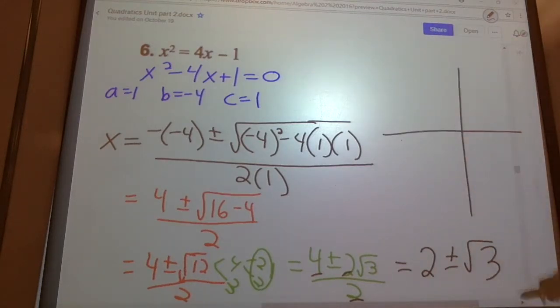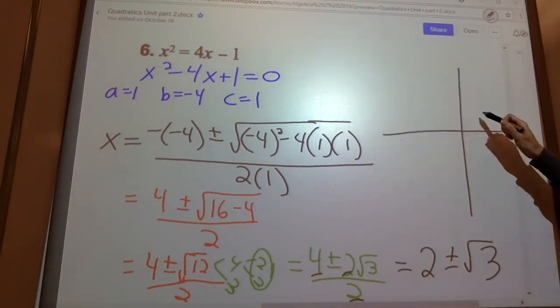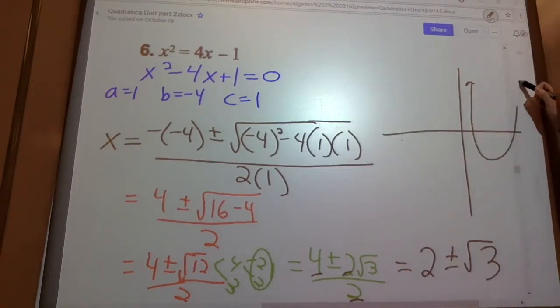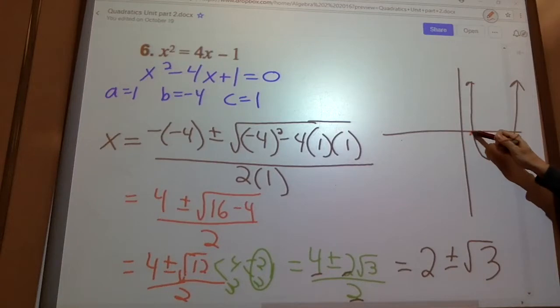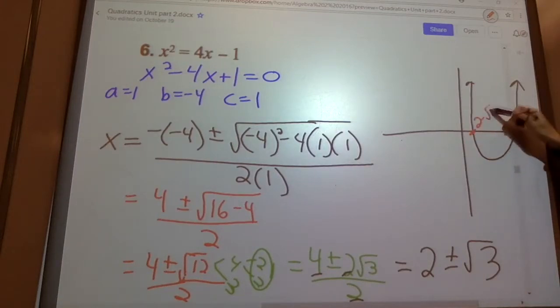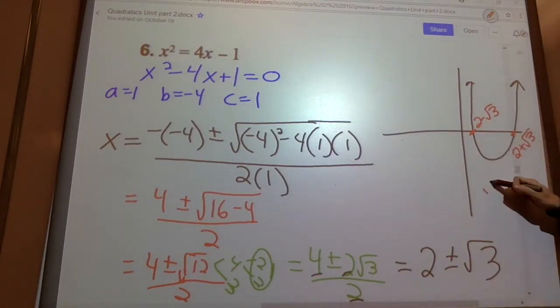That means if I had a parabola, it's going to cross here at 2 minus root 3 and here at 2 plus root 3. That's what I'm finding. I'm finding the roots, right? The x-intercepts, the zeros, where it's crossing the x-axis.